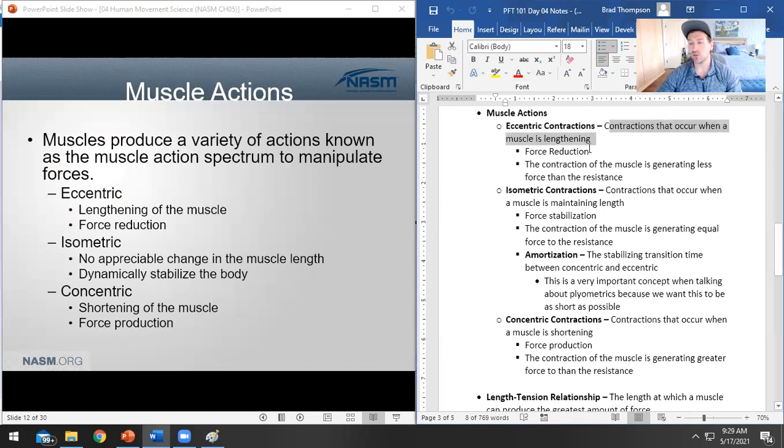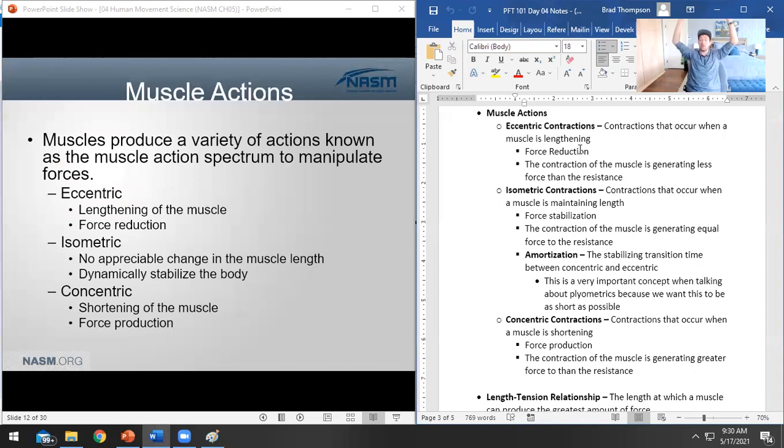So eccentric contractions are associated with force reduction, right? Imagine I have 20-pound dumbbells in both hands, and I took them up over my head like this, right? If I were to create, let's say, 19 pounds of force instead of 20, what's going to happen is they're going to slowly overcome the amount of force that my shoulders are generating, and I'm reducing their force back down to the ground, right?